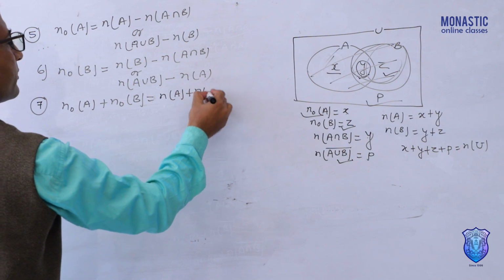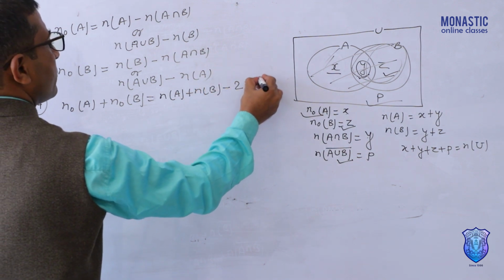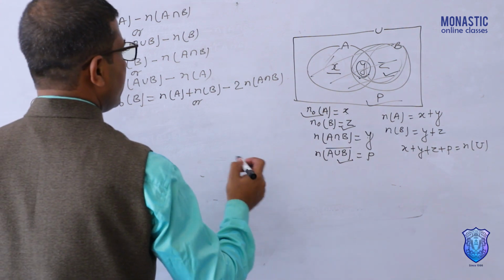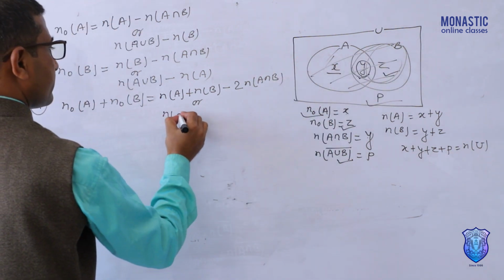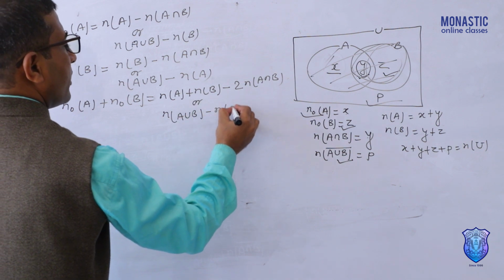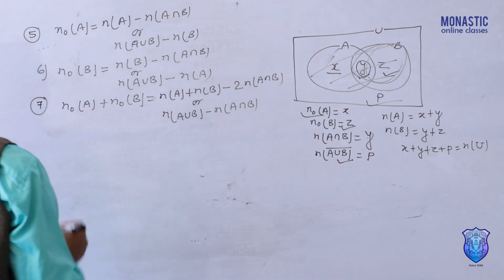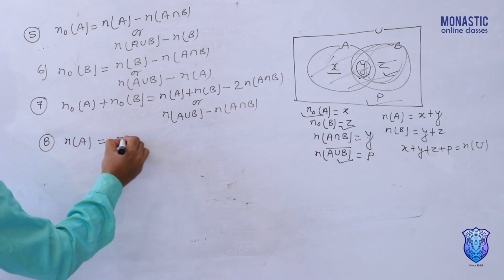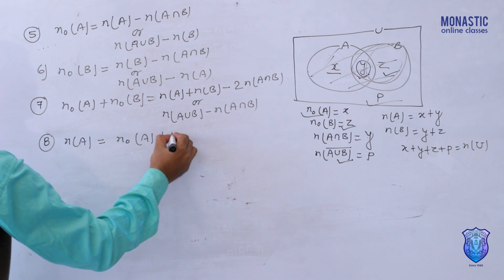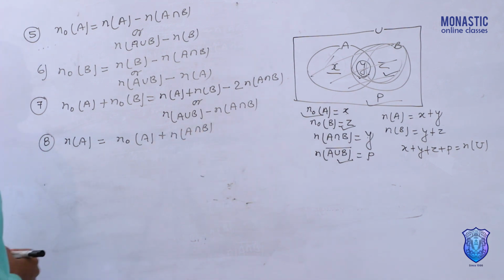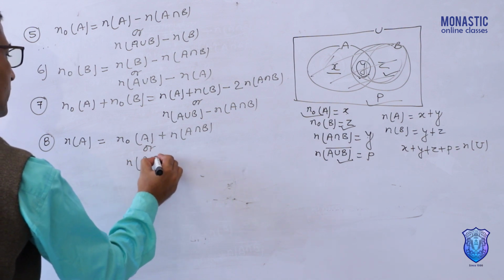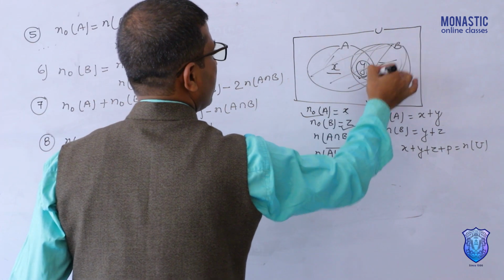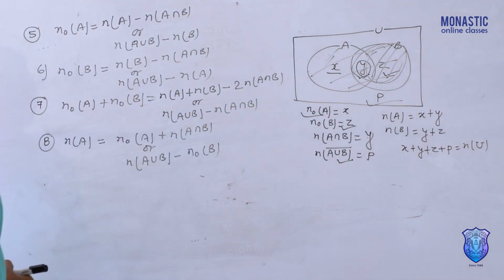Number of A plus number of B minus 2 times number of A intersection B. Simply we can say this whole, that is union, minus number of A intersection B. Number of A is number of only A plus number of A intersection B, or number of A union B minus number of only B. This whole minus only B will be number of A.